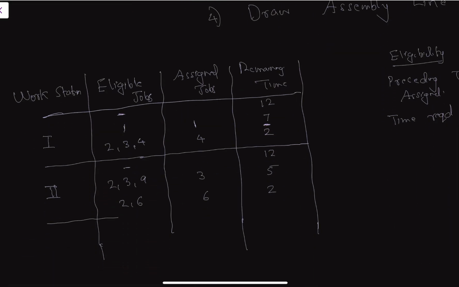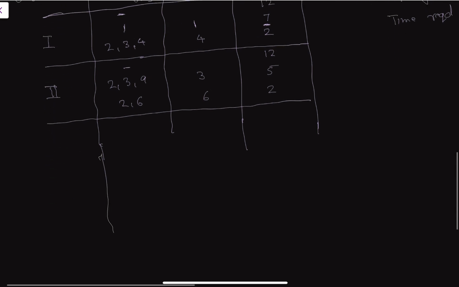So workstation 2 is over, and for workstation 3, the remaining time, starting with the cycle time, is 12.